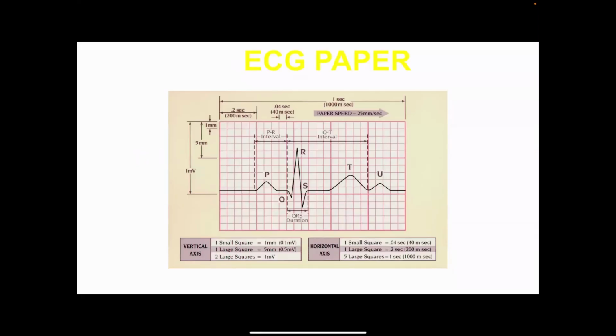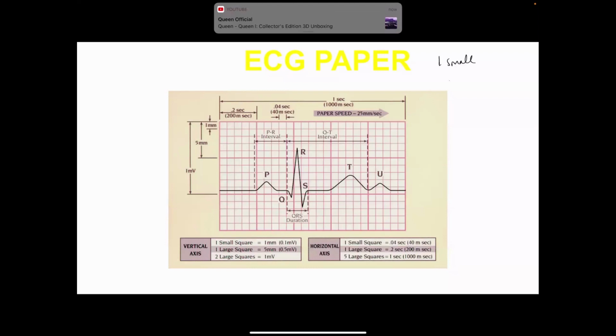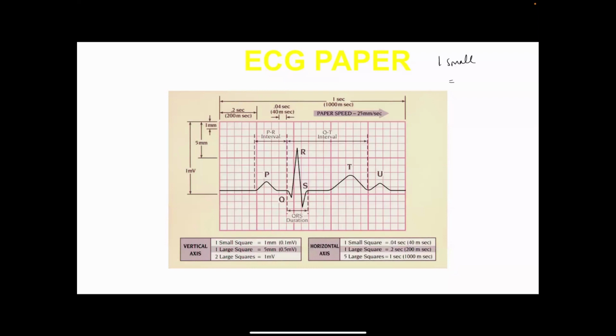Now, what I need you to remember from this is that a small square on the ECG is 0.1 millivolts or 1 millimeter or 0.04 seconds. Okay, that's one small square. You need to remember this because in many slides, they'll tell you it has to be more than 2 millimeters.